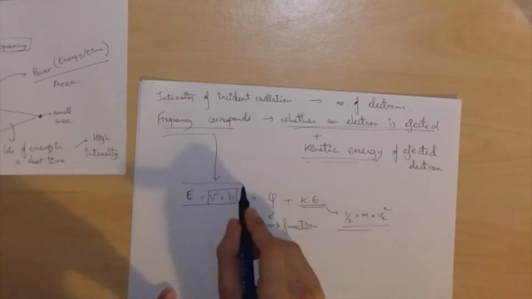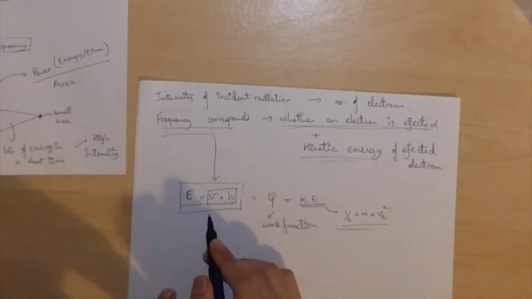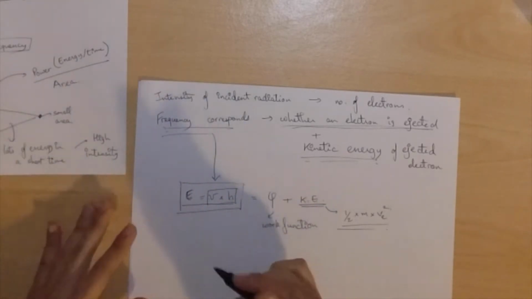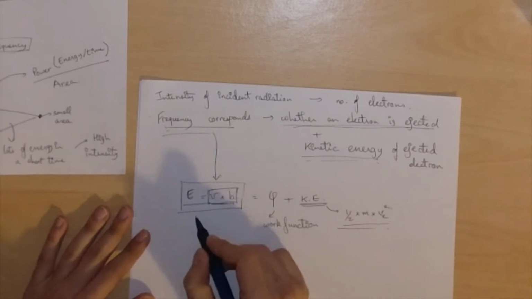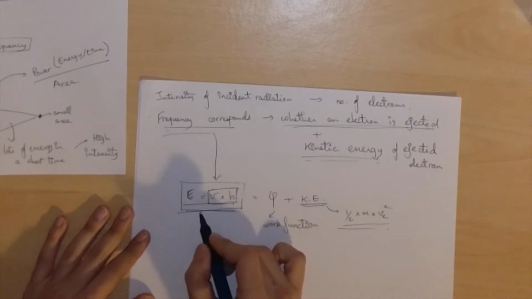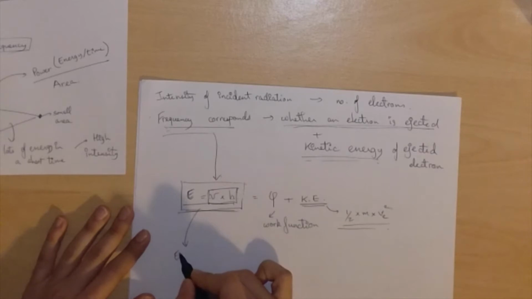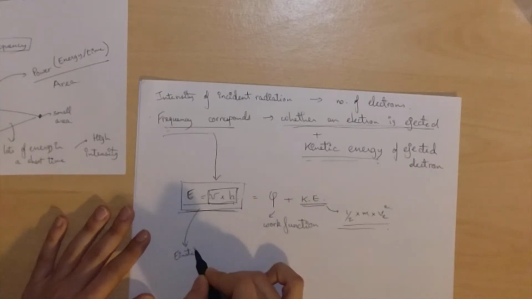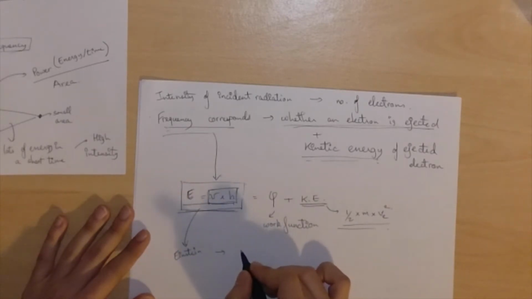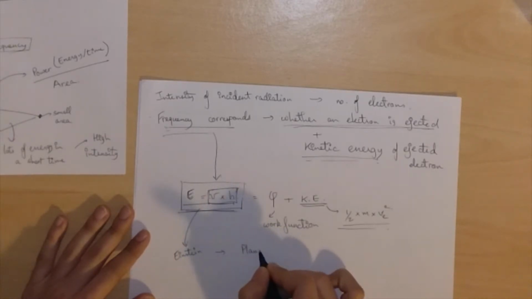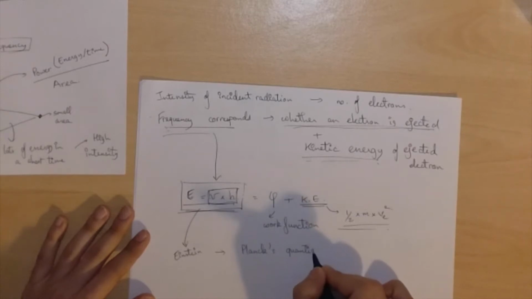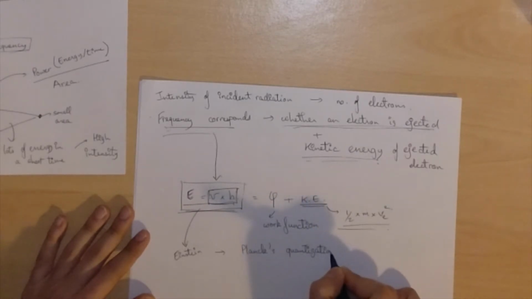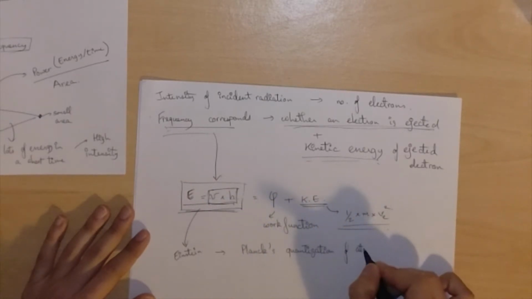Now, this part here, where you're treating the energy of light in terms of a multiple of its frequency, wasn't known until then. This is what Einstein came up with by applying exactly what Planck did. So Planck's quantization of atomic vibrations.